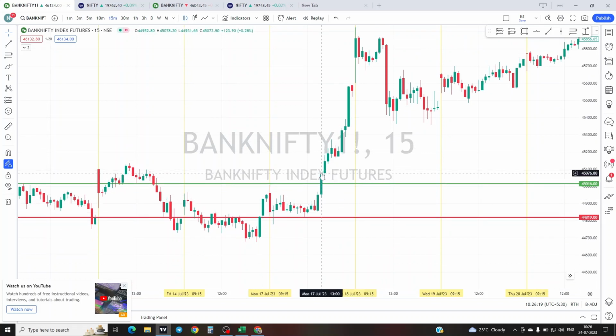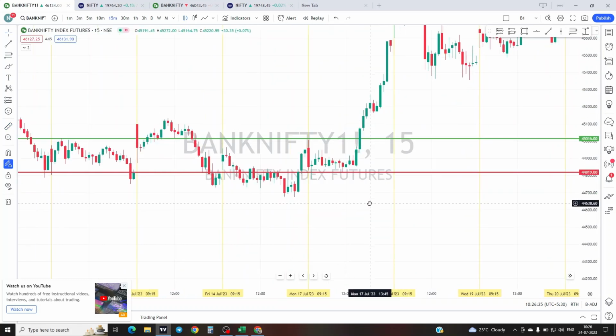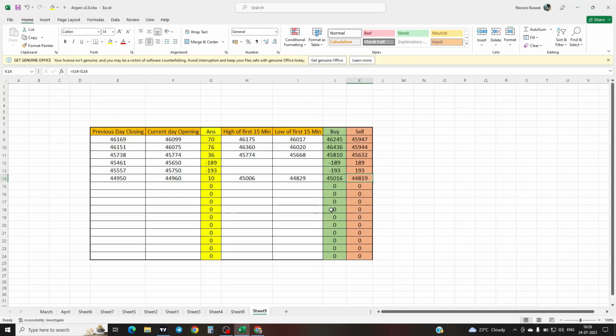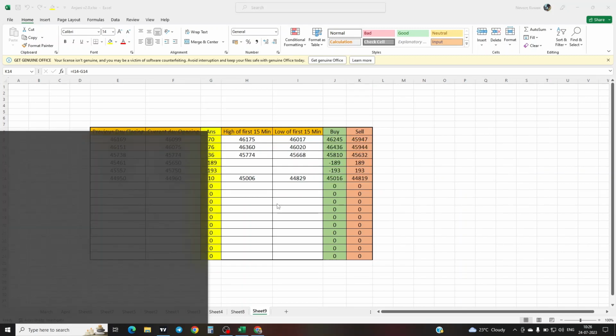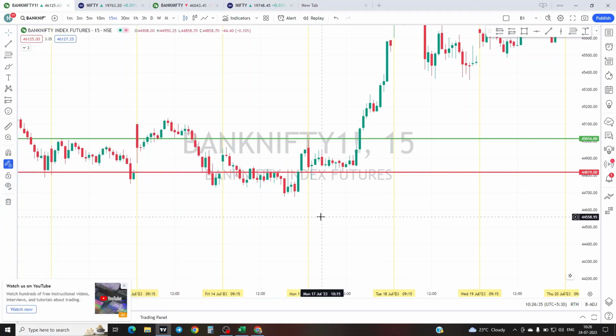Once the closing was done, we almost got a 500 points rally in Bank Nifty. So by using this strategy, you can simply avoid sideways days and make use of trending market. And making money will be very easy by following this strategy. This is a simple calculation anyone can do.